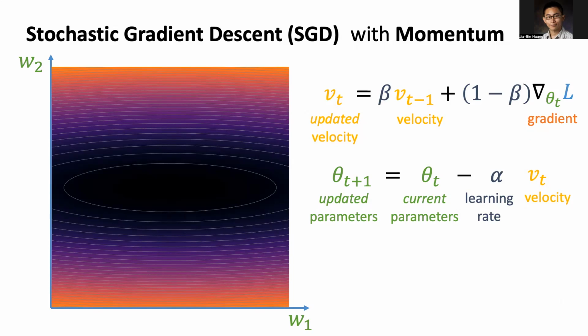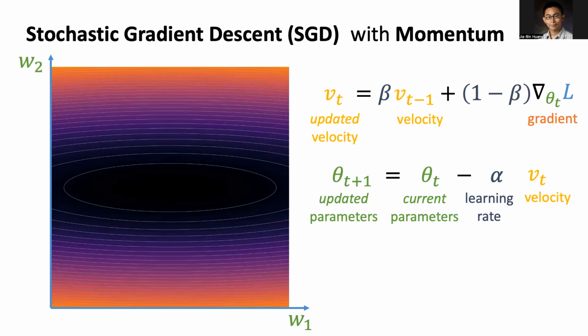On the other hand, if every time I check the gradient it is oscillating, sometimes positive, sometimes negative, it means that if I compute a weighted average over time, it will get canceled out. So I will move less, oscillating along the y direction.